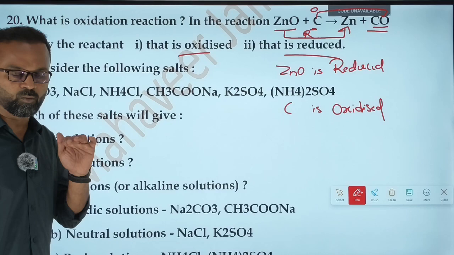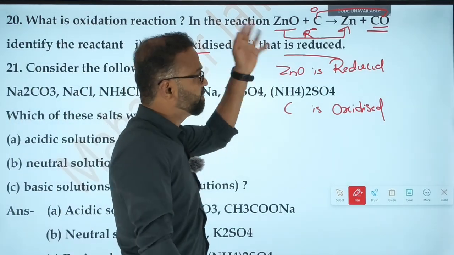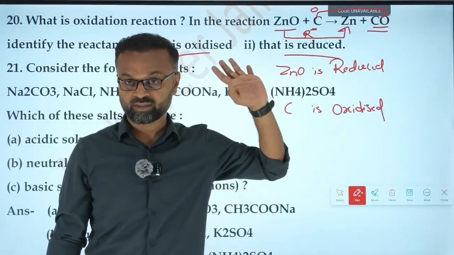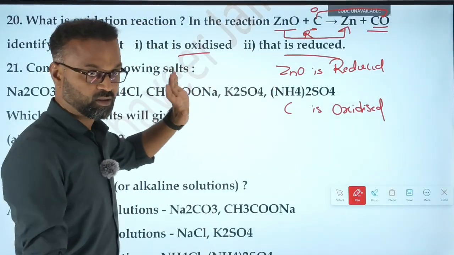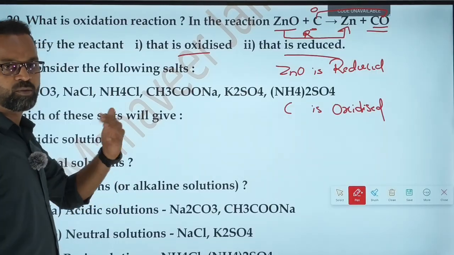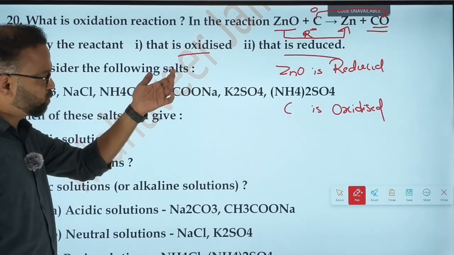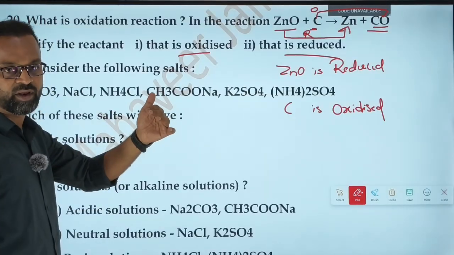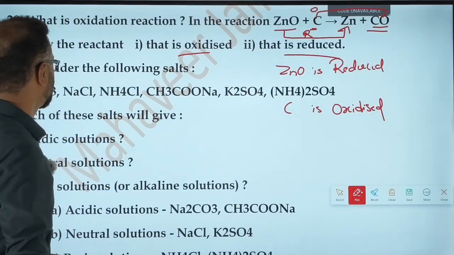You just check from the reactant side only and mention which is oxidized and reduced. Do not take anything from the product side. Yes? Clear? Reduction means what? Addition of hydrogen or removal of oxygen. Oxidation means to any element or compound, oxygen is being added or hydrogen is being removed. Hope this is clear. Yes?